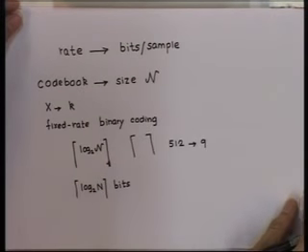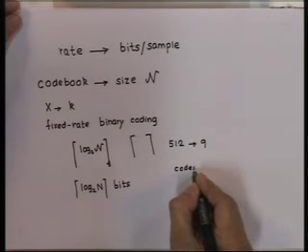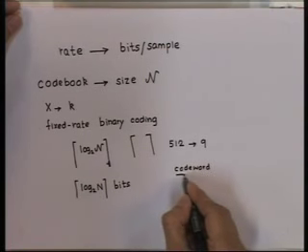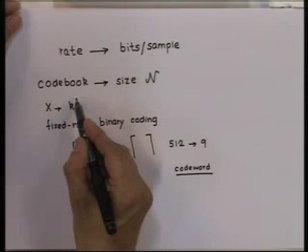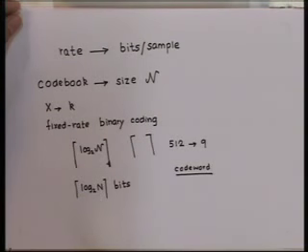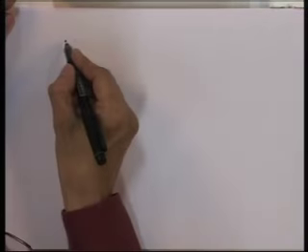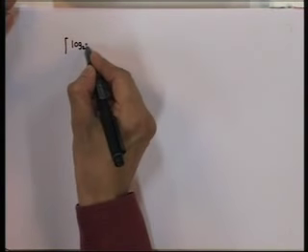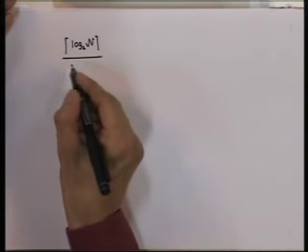Now, since each code word contains the reconstruction values for k source output samples, the number of bits per sample would be ⌈log2 n⌉ / k.